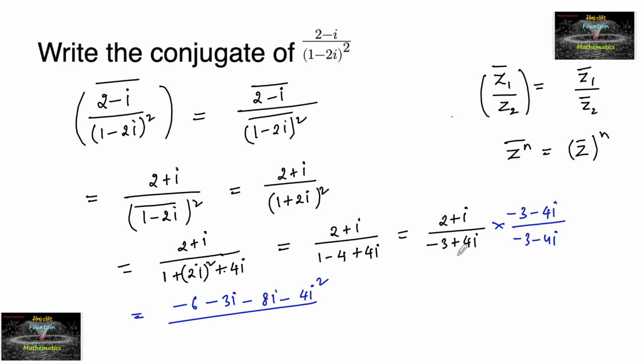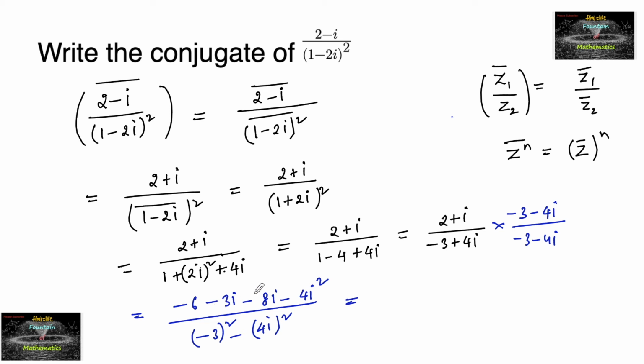minus 3 into, it is in the form of a plus b into a minus b, that is minus 3 whole square plus 4i whole square.